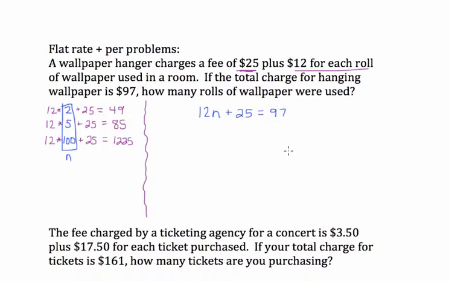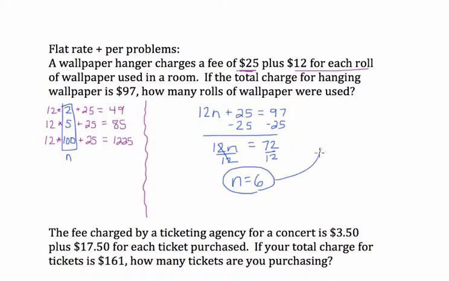So put the 97 in, and now just solve for n. So n is 6. 6 rolls of wallpaper will give us a cost of $97.